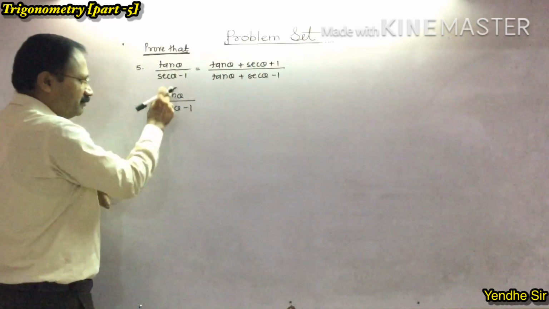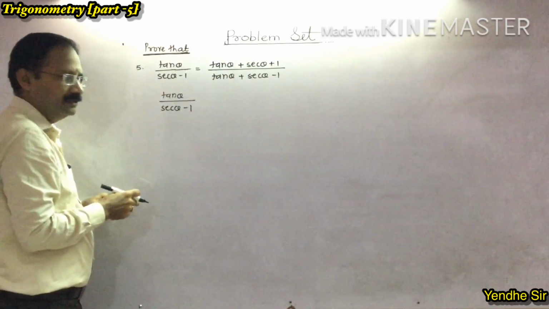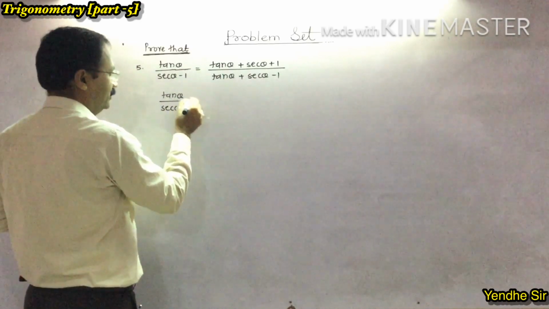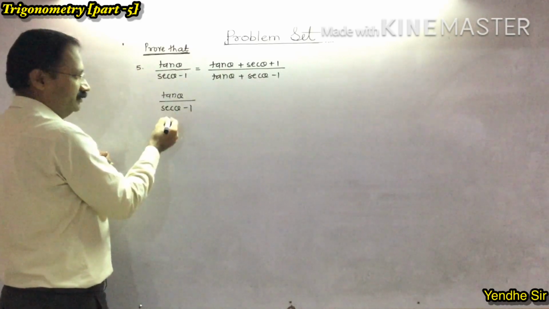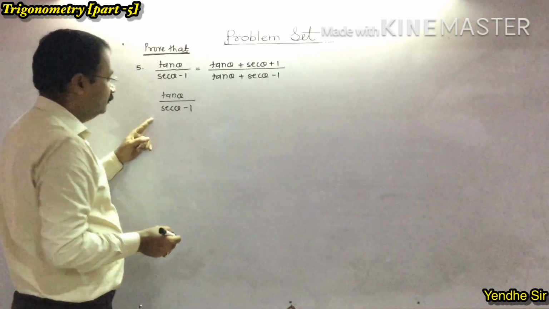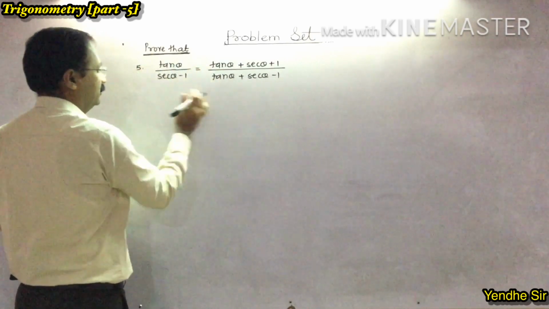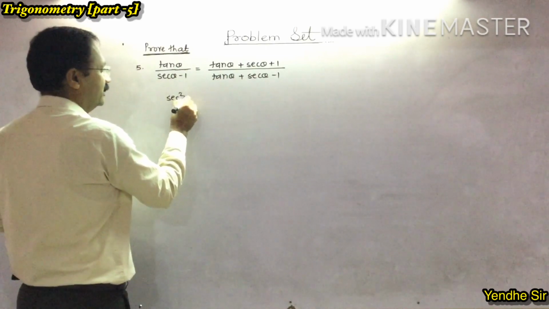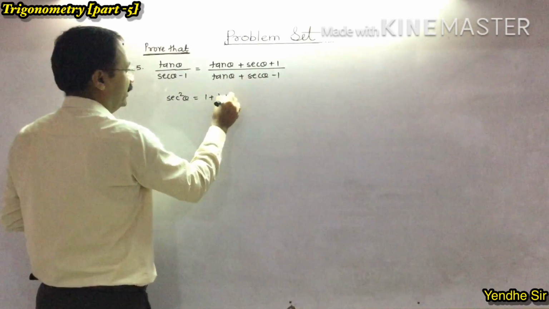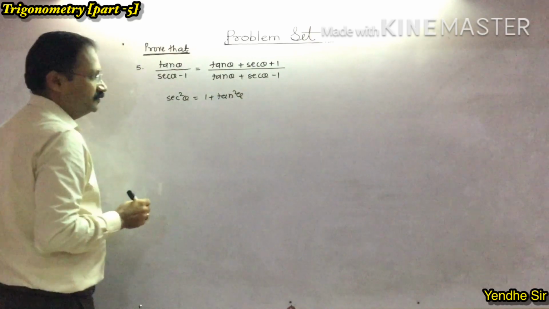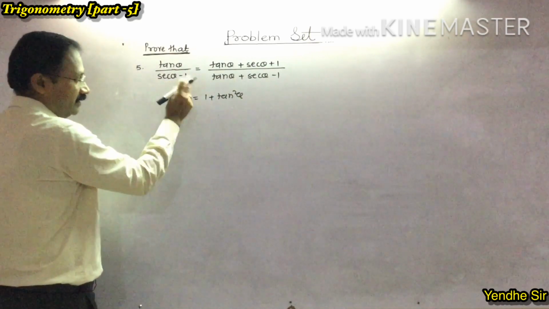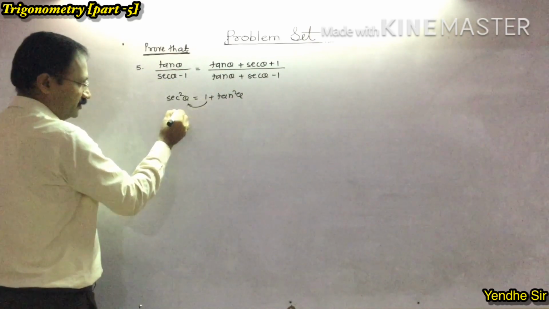So what is the relation between tan theta and sec theta? Yes, we know the relation: sec square theta equals 1 plus tan square theta. But I need sec theta minus 1, so 1 will come on this side.